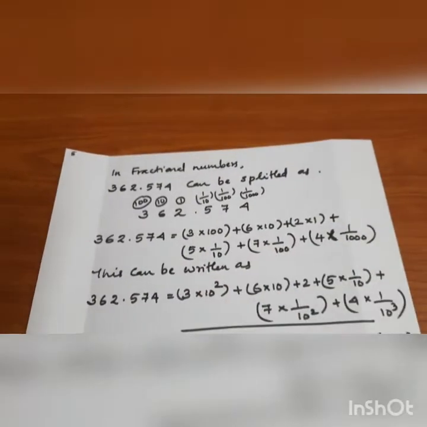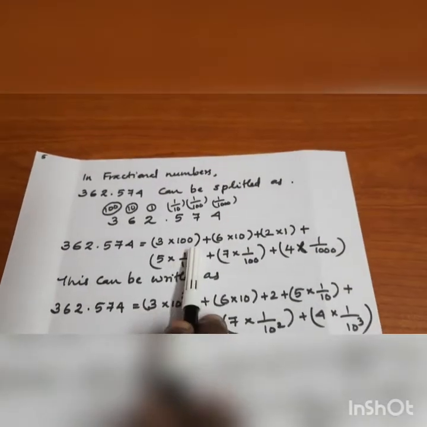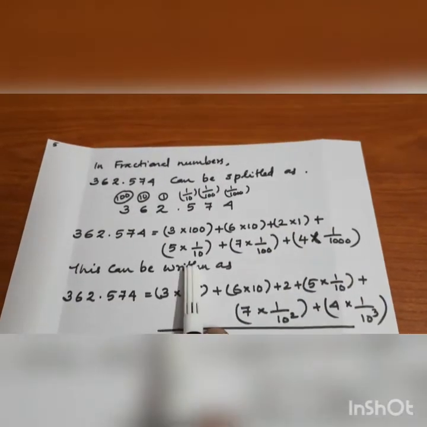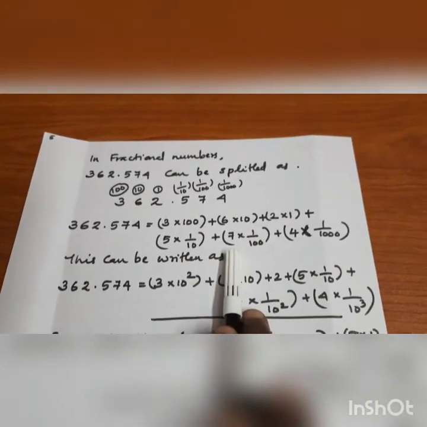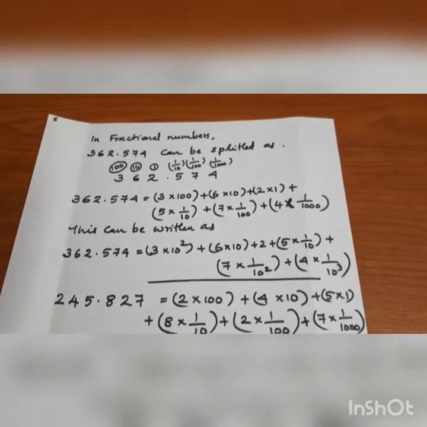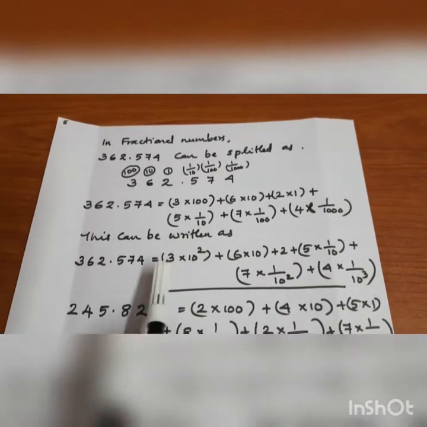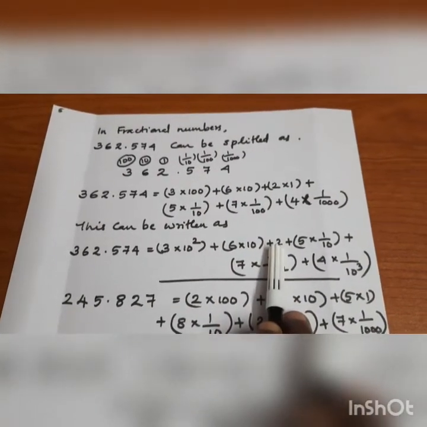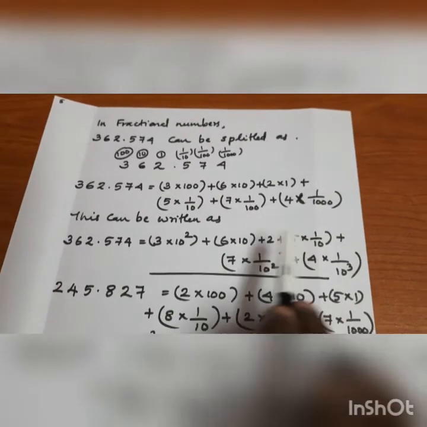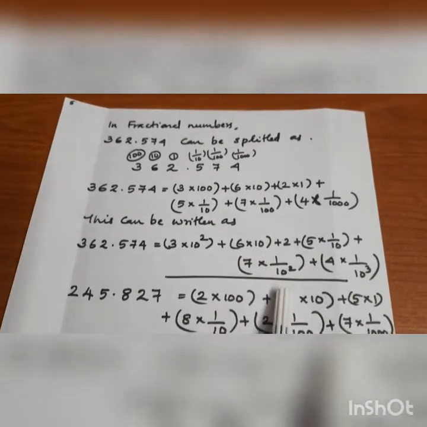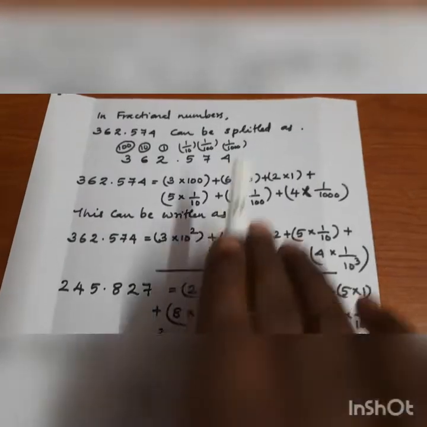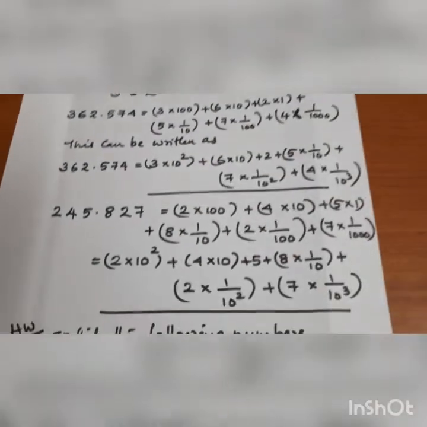Therefore, this can be split as 3 into 100 plus 6 into 10 plus 2 into 1 plus 5 into 1 by 10 plus 7 into 1 by 100 plus 4 into 1 by 1000. This can be written as 3 into 10 raised to 2 plus 6 into 10 plus 2, and 5 into 1 by 10 plus 7 into 1 by 10 raised to 2 plus 4 into 1 by 10 raised to 3. Here, whenever we find 100, write it as 10 raised to 2, and 1000 as 10 raised to 3.